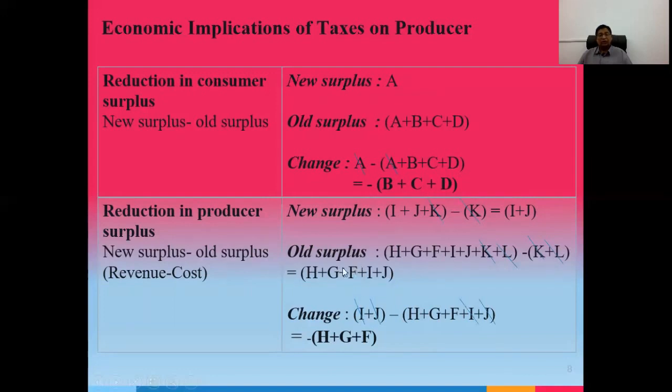The old surplus is given by H, G, F, I, J. Then the change is the new surplus I plus J minus the old surplus H, G, F, I, J. When you cancel out positive figures against negative figures, you get the reduction in producer surplus, that is minus H, minus G, minus F.